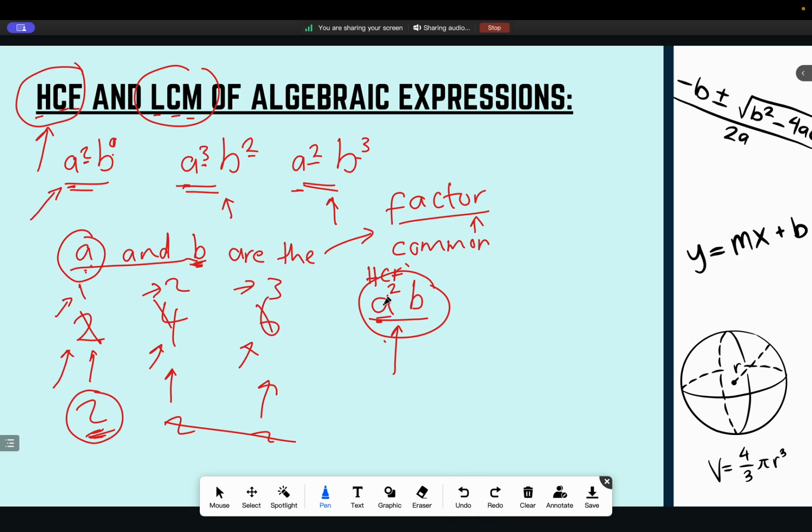That's why we look for the lowest power. So here we find our highest common factor is a squared b.